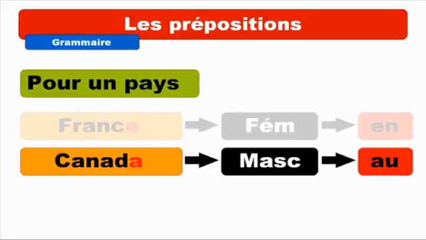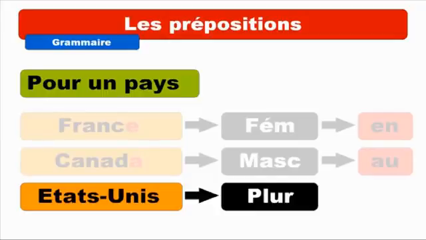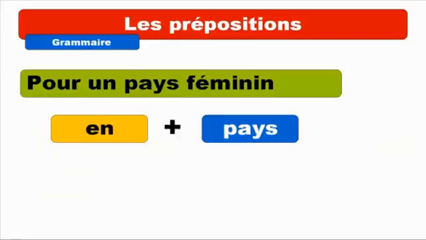You write it a-u, but you pronounce it o. Repeat, au. And then the last category, like États-Unis, is plural, and the preposition you will have to use is aux. Even if it ends with an x, you don't pronounce it. It's o.